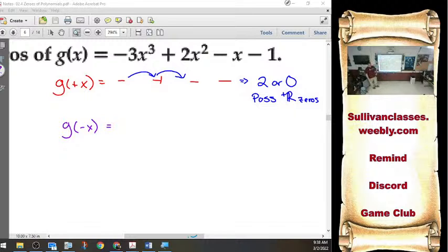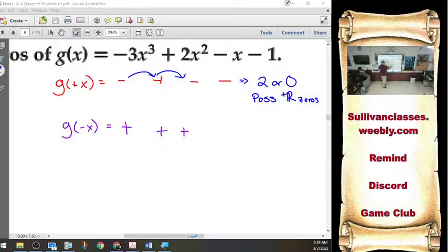If I put in a negative x, it changes because it's an odd number of negatives. If I put in a negative x, still positive because it's an even number of negatives, it won't change anything. I put in a negative. Now it's positive because it was an odd degree, it'll change the sign.